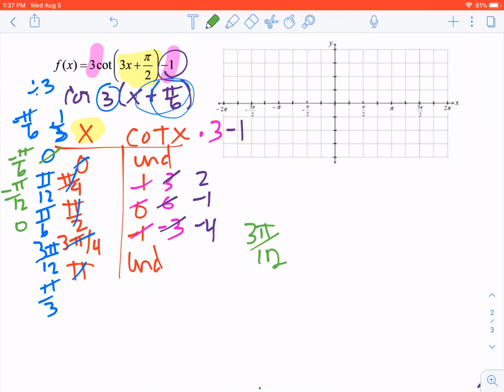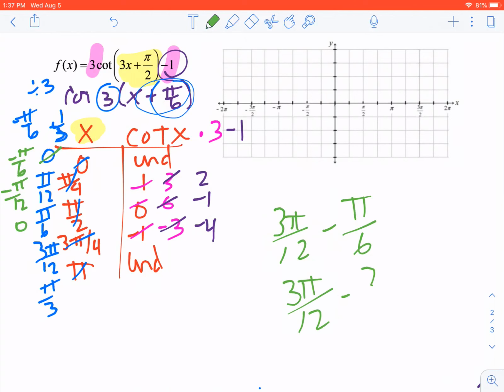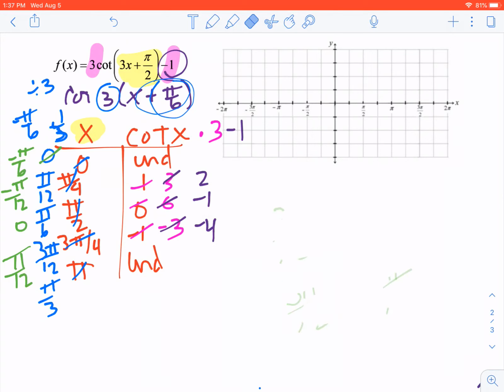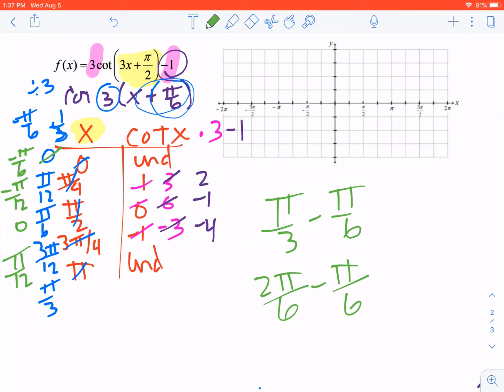This is why I chose not to reduce it earlier, because it's already in 12ths. 3 pi over 12 minus pi over 6 is 3 pi over 12 minus 2 pi over 12. So that's a positive pi over 12. And last but not least, pi over 3 minus pi over 6 is 2 pi over 6 minus pi over 6, or a positive pi over 6.